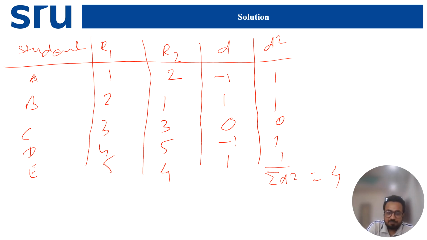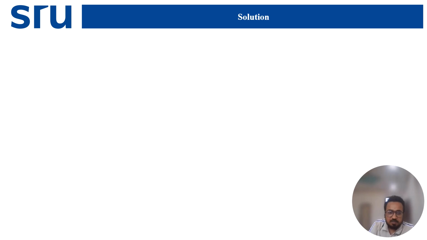Now we apply the Spearman rank correlation coefficient formula: rho equals 1 minus 6 times summation D square divided by n times n square minus 1.